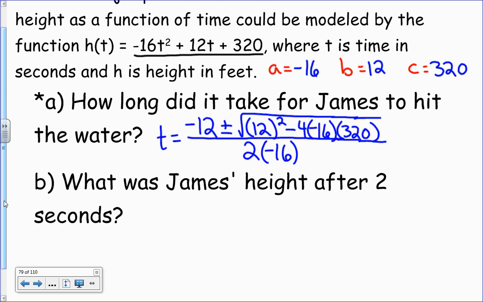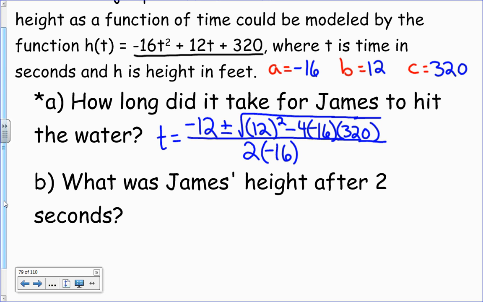So before I go put it in the calculator, let's make sure everything's right. I got 12 as B, so I put negative 12 in the beginning because that is the opposite of positive 12. Plus or minus the square root of B squared. B is 12, put in parentheses, square it. Minus 4 times A is negative 16, times C is 320. All of that is over 2 times A, and A again is negative 16. So from here, it's a matter of putting it in my calculator. And remember, you do not want to have negative time.